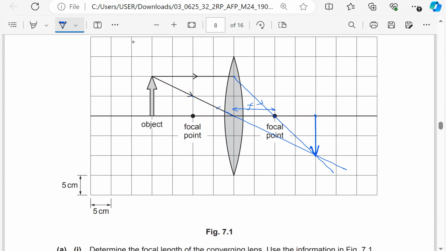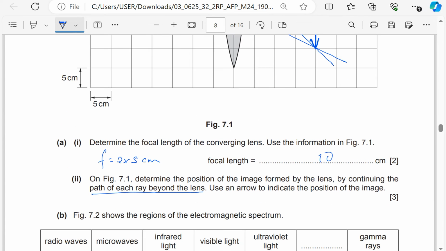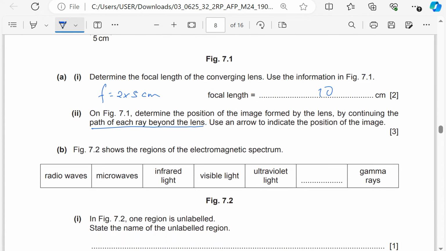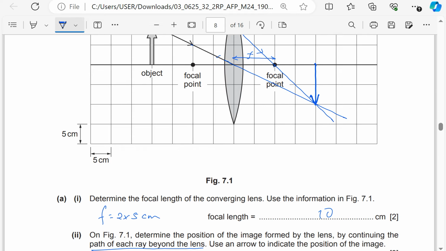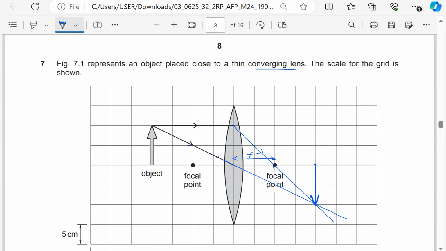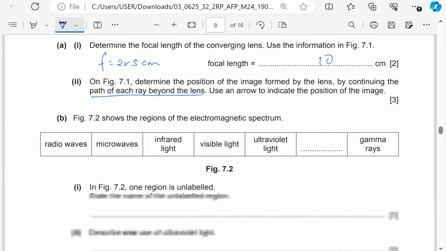So that is going to be my image. Use an arrow to indicate the position of the image. So I have used an arrow here to indicate the position of the image. This ray goes without deviation. This one deviates through the principal focus or the focal point.